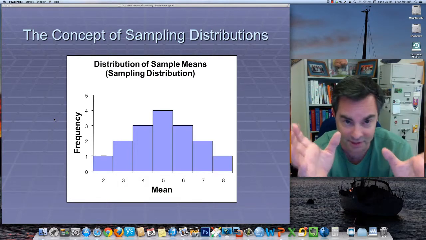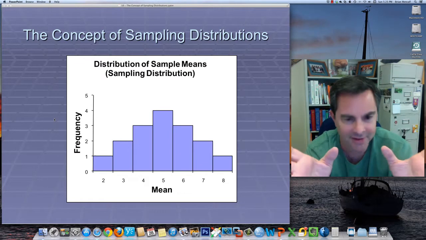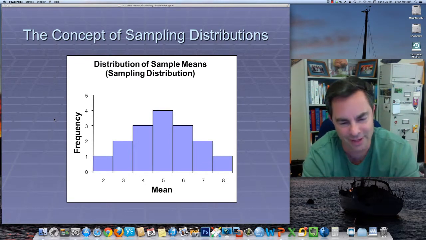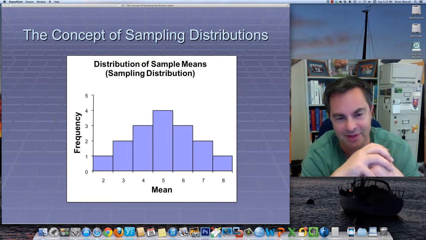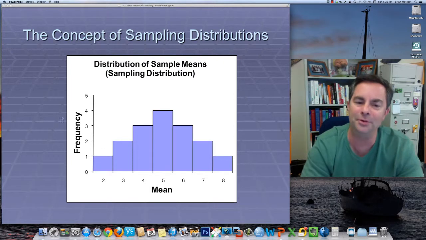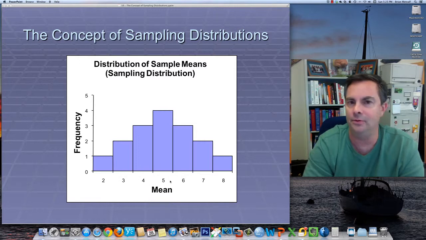All right, now that's only 16 means here. And as I said a moment ago, 16 and even 60 or 600 would be too few to give me a normal distribution. But if you squint and use your imagination, when you look at this, you can begin to see that it sort of resembles a normal distribution. Okay, most of the samples were in the middle around the raw population mean of 5.